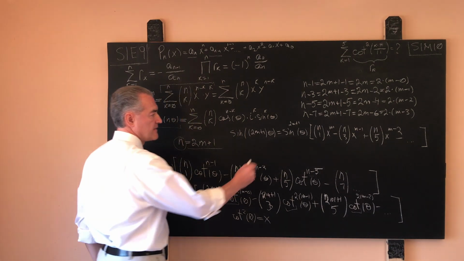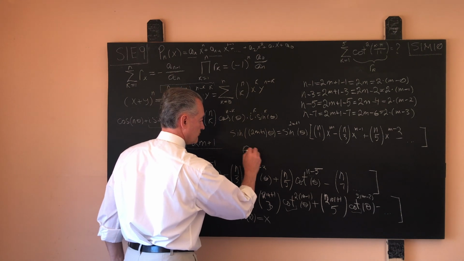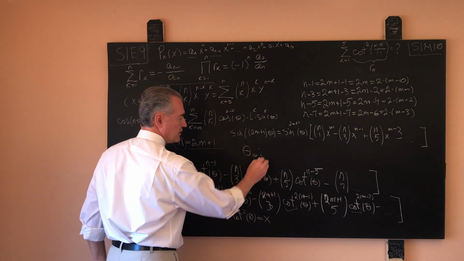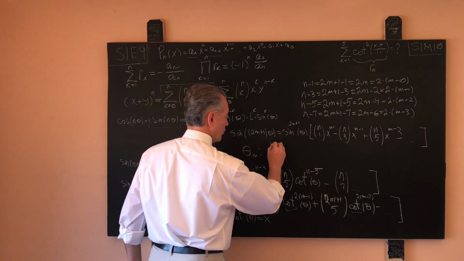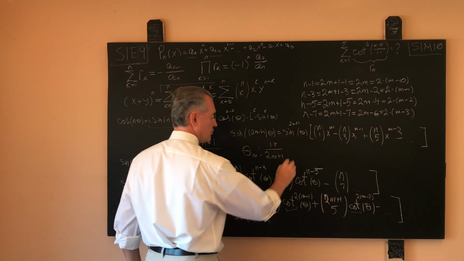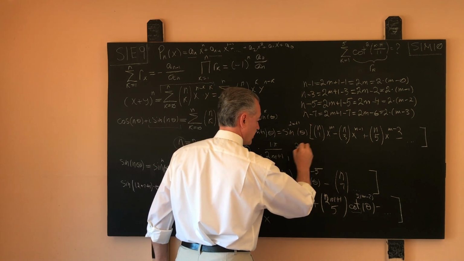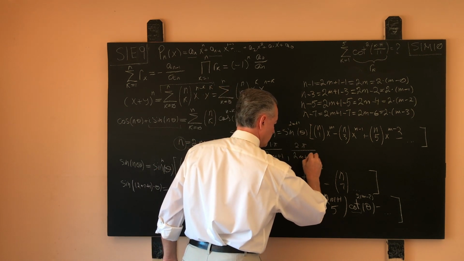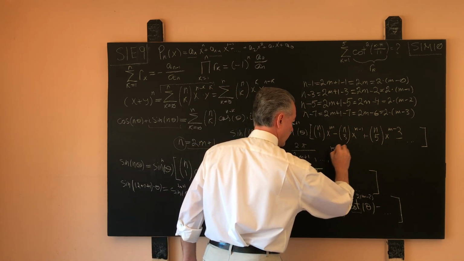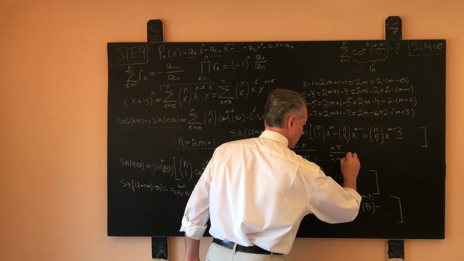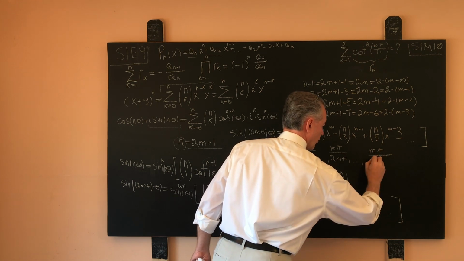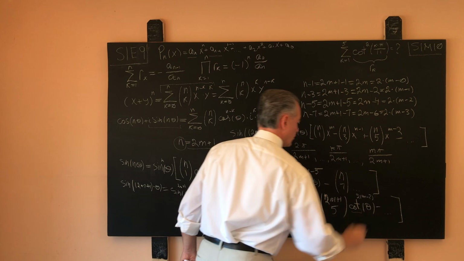If the angle theta sub m takes on any of the following values: 1 times pi over 2m plus 1, or 2 times pi over 2m plus 1, or so on, k pi over 2m plus 1, and so on, all the way to m pi over 2m plus 1.